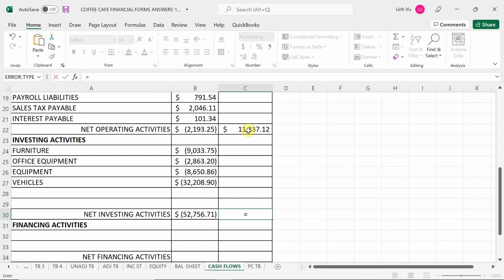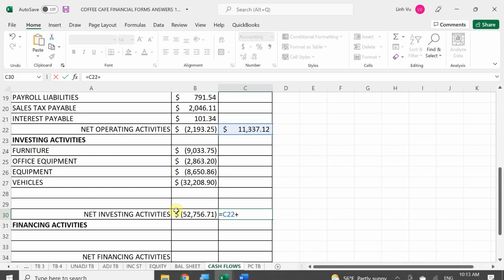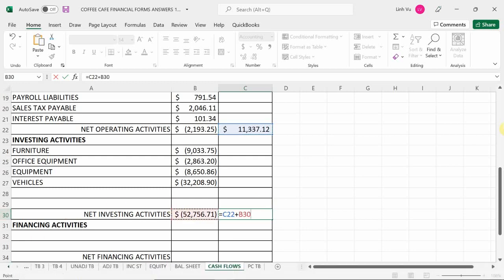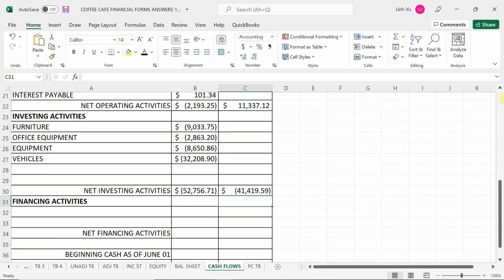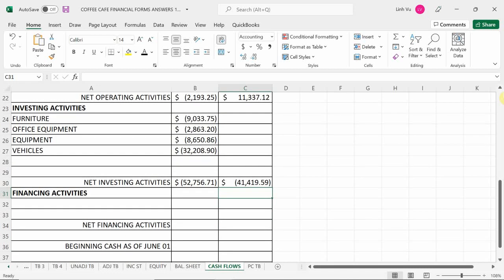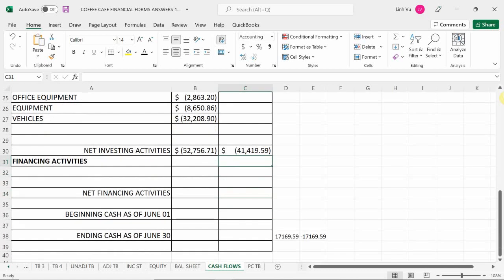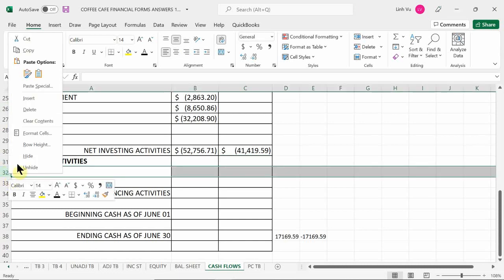So you take your net operating activities and subtract out your total investing activities, and you should get negative $41,419.59. That's quite a lot of money that we spent for investing activities.